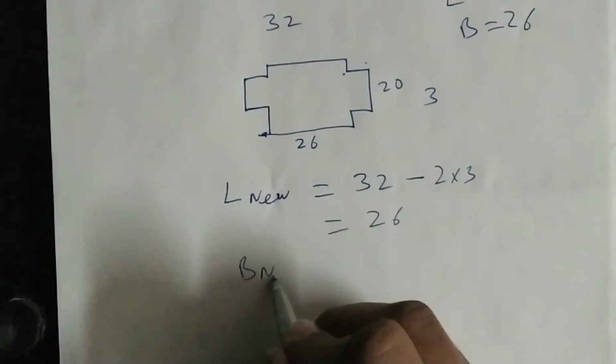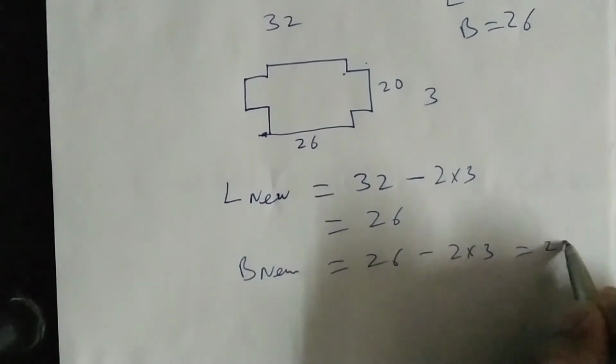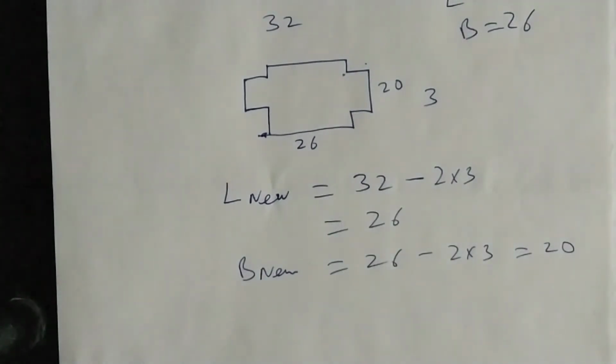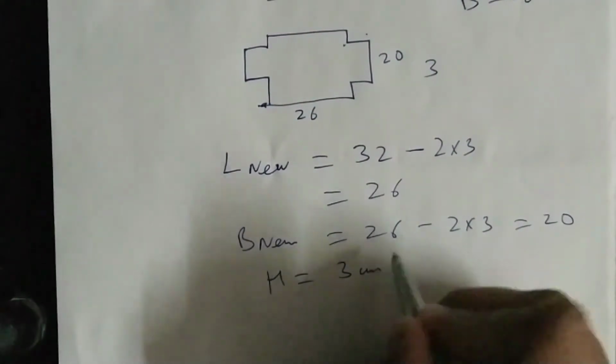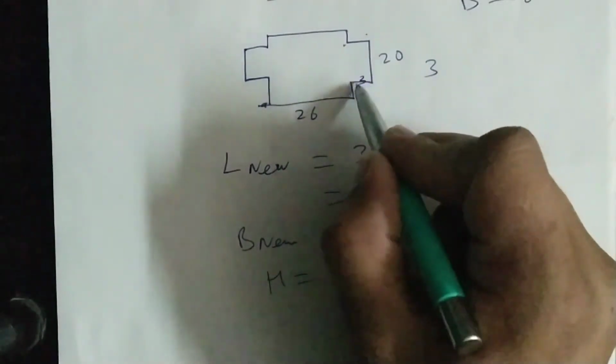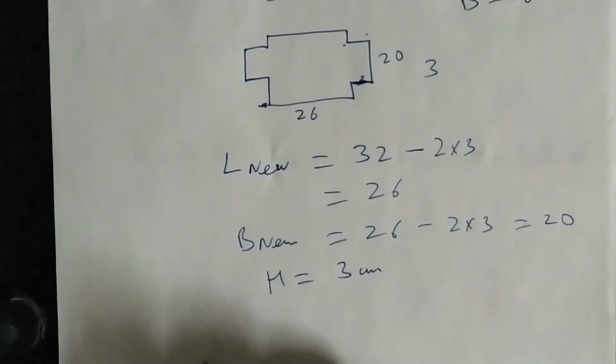Same way breadth new, 26 minus 2 into 3, which is equal to 20. So height is equal to 3 centimeter, because this side we have folded, so this will then become the height. Now capacity, that is volume.